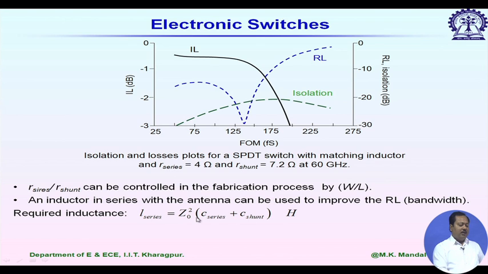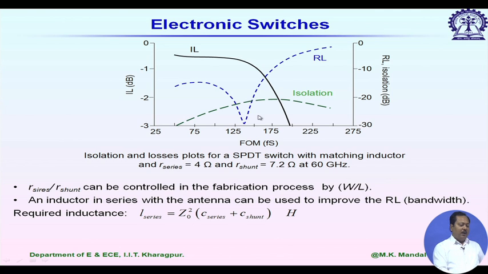C series corresponds to the capacitance of the switch in off condition, whatever we are using in series connection. Similarly, C shunt is the capacitance of that PIN diode which we are using in shunt configuration. So, the matching inductance value depends on these capacitance values and the system impedance Z0.